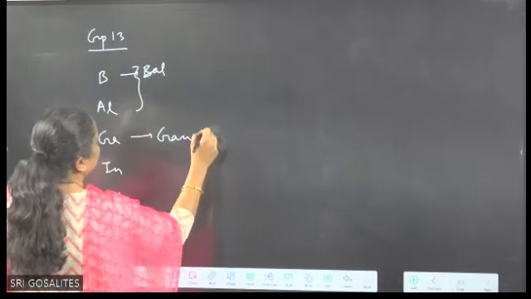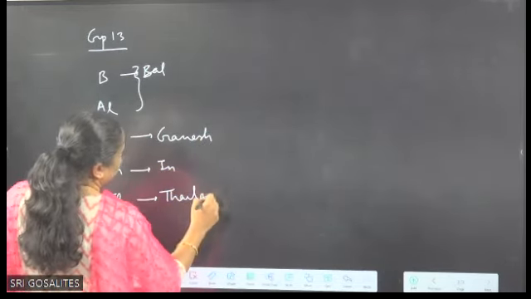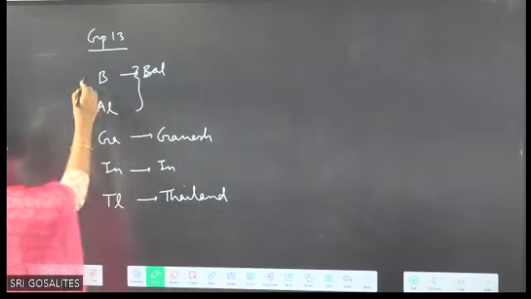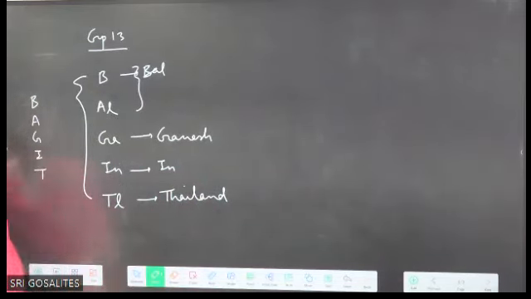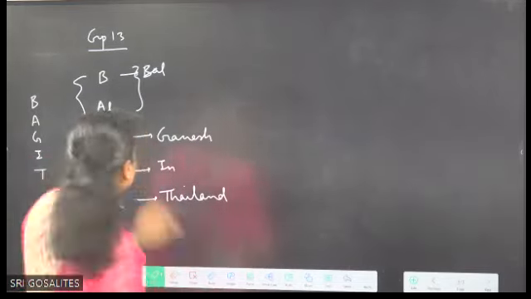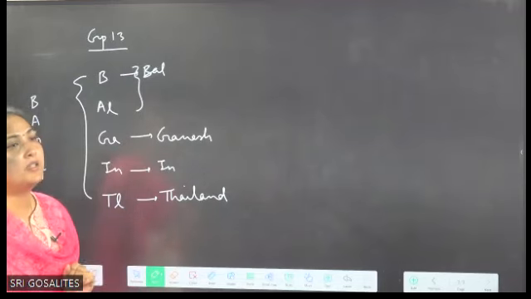Bal is what we use for small kids. Or else you can remember it like the bag brand Baggett. Either way you can go. Here you have boron, aluminium, gallium, indium and thallium.